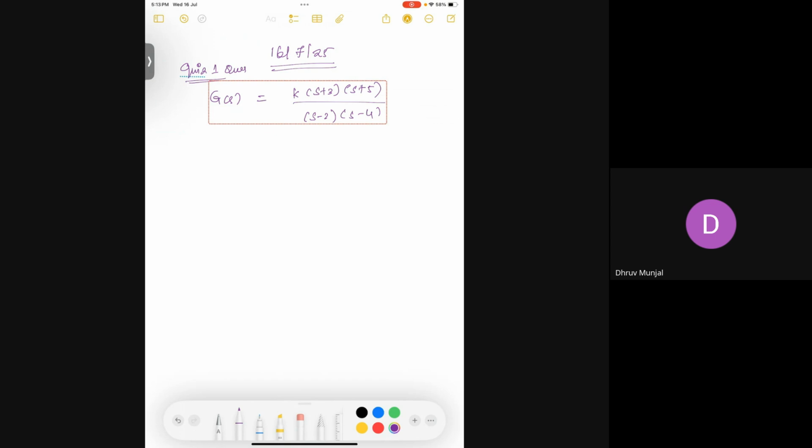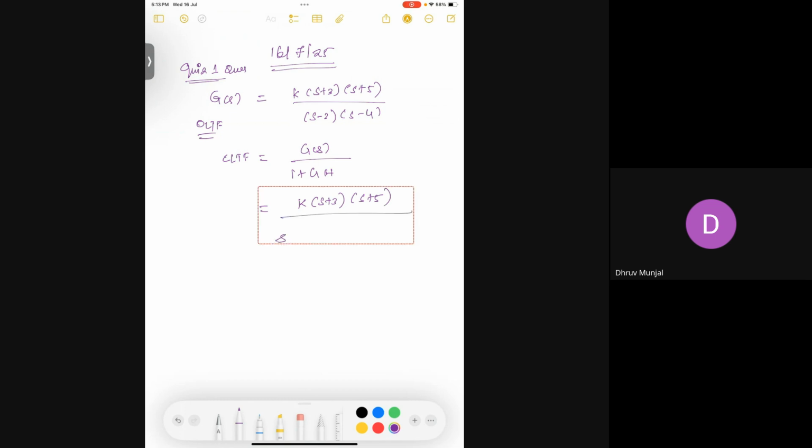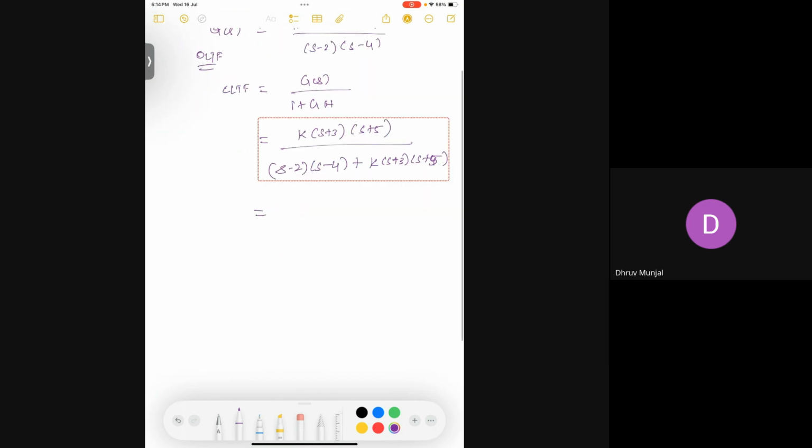This is the question. So first you need to find the closed loop transfer function. The closed loop transfer function would be G of s by 1 plus G into H, where H is a unity feedback. So I'm considering 1 plus here. So this will be K into (s plus 3) into (s plus 5) divided by (s minus 2) into (s minus 4) plus K into (s plus 3) into (s plus 5). This would be the final answer.